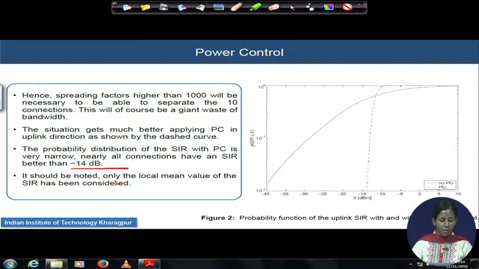It should be noted that this whole discussion and this graph are basically on the local mean value only.